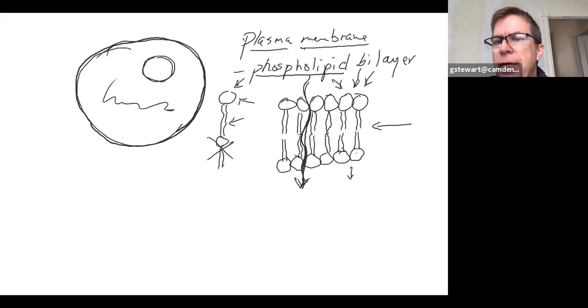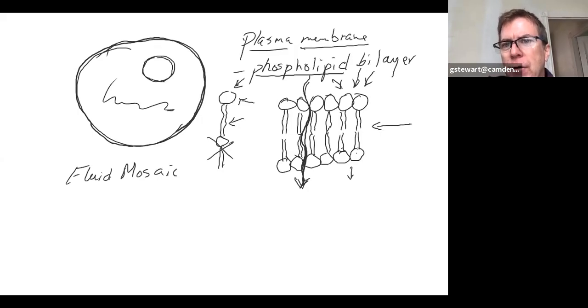Now, this bilayer doesn't just have phospholipids in it. It's got proteins, cholesterol, carbohydrates, all sorts of things stuck to it and stuck in it. This term, fluid mosaic model, is what we use to describe this plasma membrane.